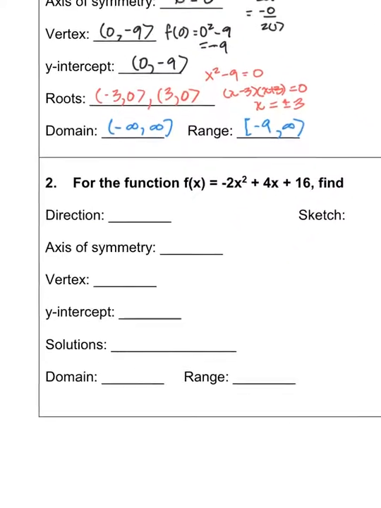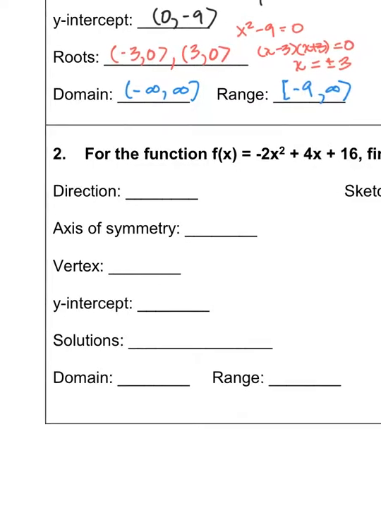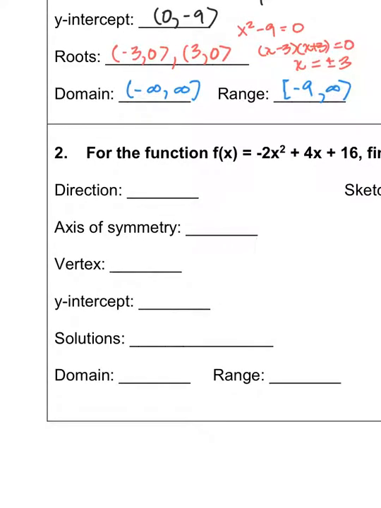So we have negative 2x squared plus 4x plus 16. So this time, the number in front of the x squared, the a value is a negative 2. So because that's negative, that means it's going to open down, and that means my vertex is going to be a maximum value.